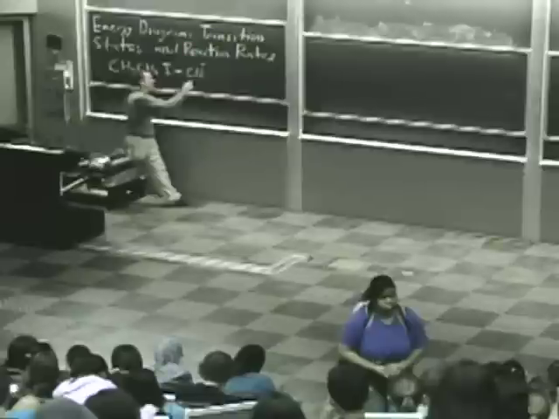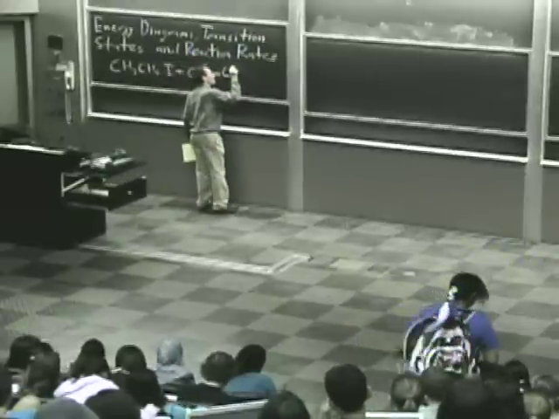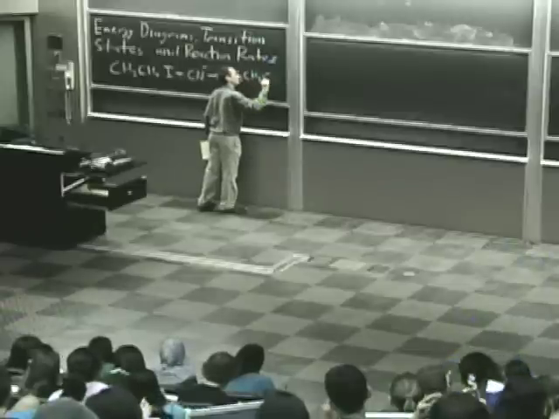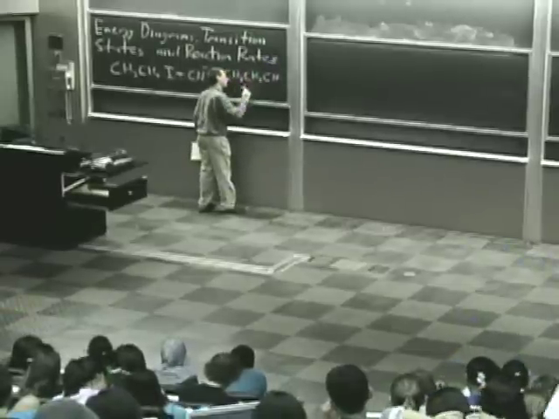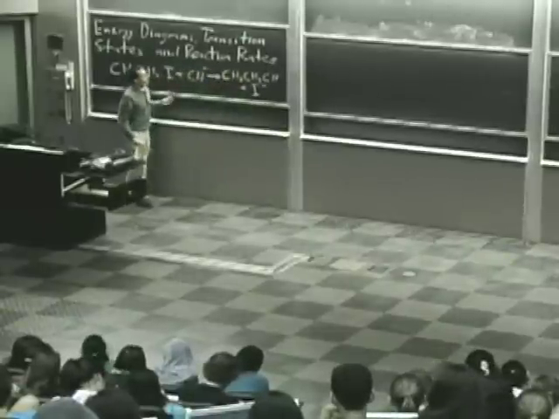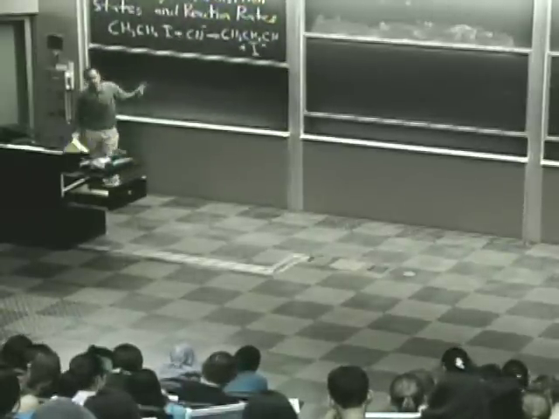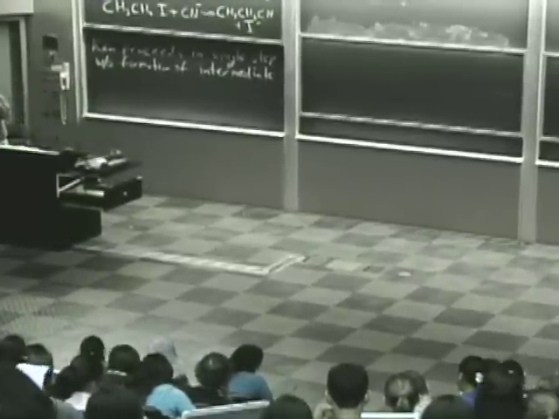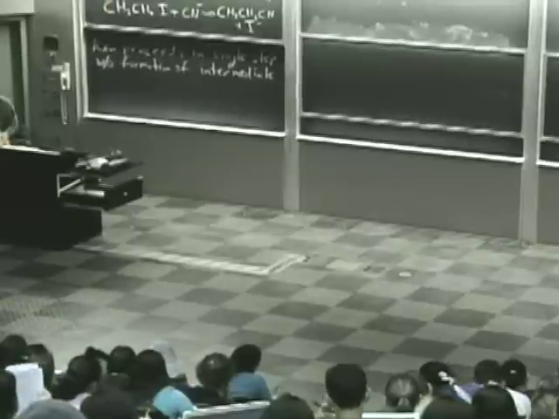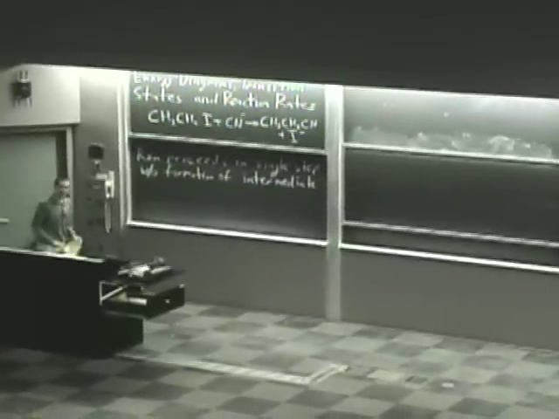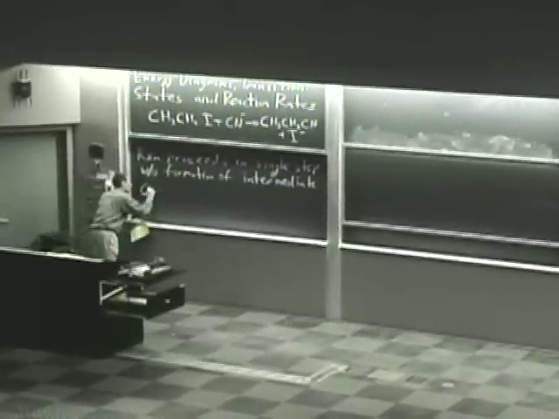And the product of this reaction is propanenitrile plus iodide anion. Now, what's occurring in this reaction is the cyanide anion is coming along to the iodoethane and literally pushing out, displacing the iodide. I'll show this with curved arrows.